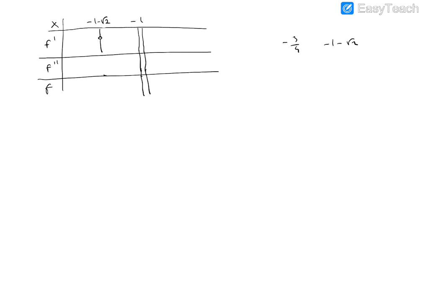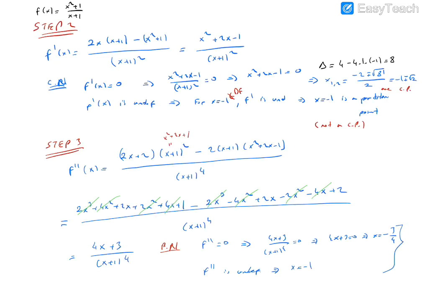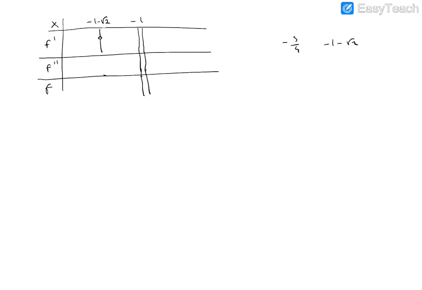And at the third point, what is the other critical point? It's minus 3 over 4 and minus 1 plus square root of 2. At minus 3 over 4, f double prime is 0, and minus 1 plus square root of 2 is the root of the f prime.